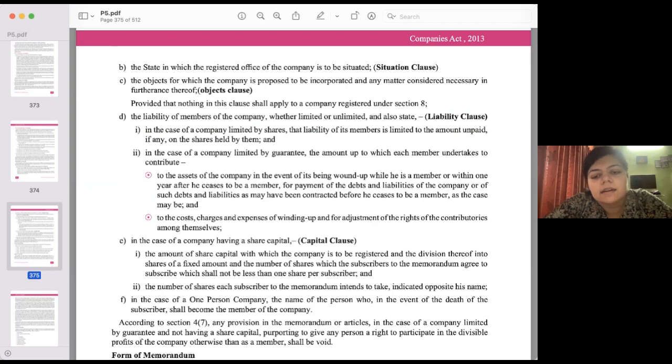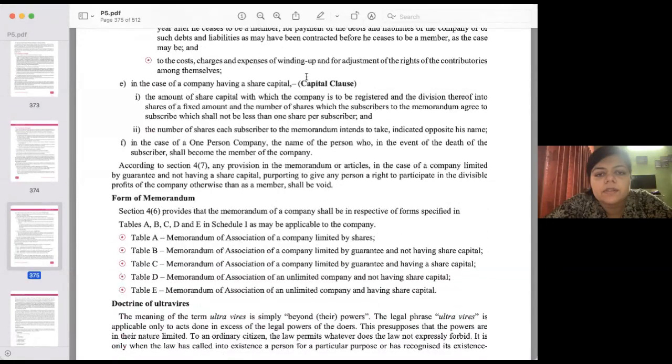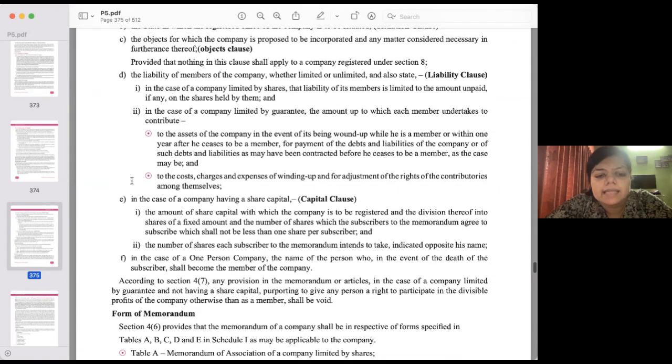But for that, an amendment has to be done. And we talk about the capital clause, the nominal capital that a company has incorporated itself with, and the number of shares that the company has, which it can issue.